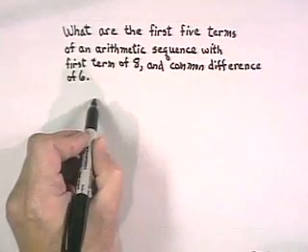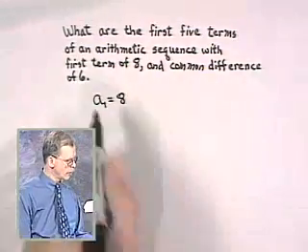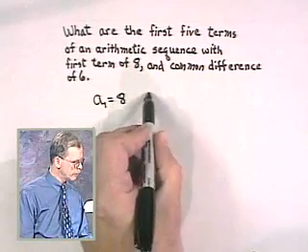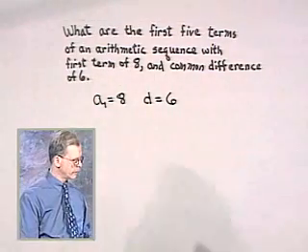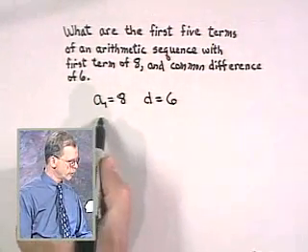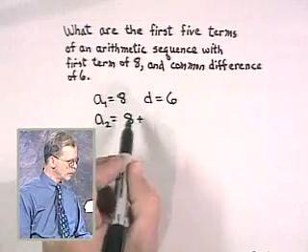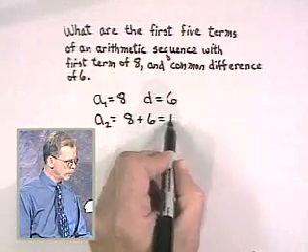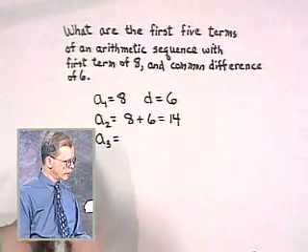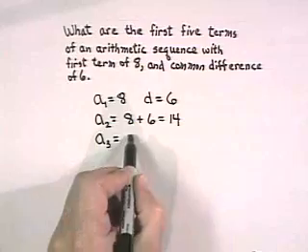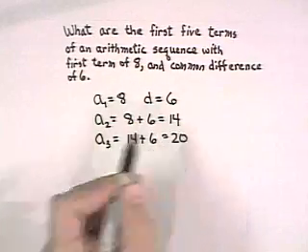In this problem, we know that the first term is 8. We know that the common difference is 6. So in order to find the next terms, a2 must be 8 plus 6, or 14. a3 is the previous term, 14 plus 6, is 20.